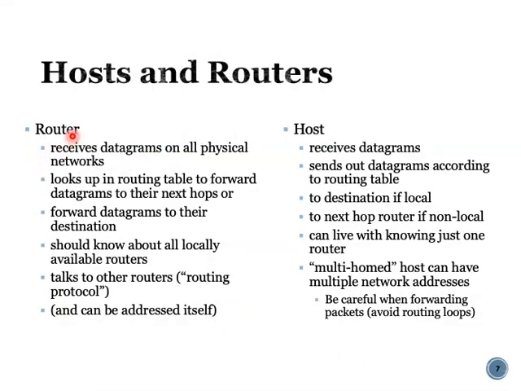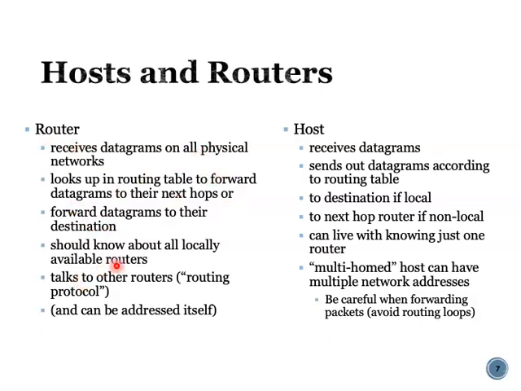The router's task is to receive datagrams on all physical networks. It looks up the routing table to forward datagrams to their next hops or to their destination. The routing algorithm is responsible for creating this routing table for the router to use to find the next hop address or the destination address.